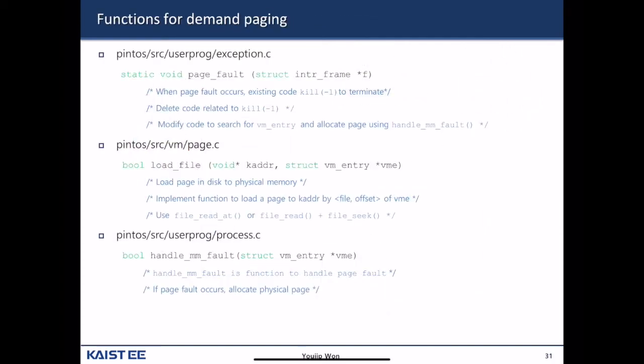So these are the functions you need to modify in this project. There is the page fault function, and there is load file, and then there's handle fault. Some of them you have to write from scratch, while for page fault you have to modify it. And load file, you may want to write from the beginning. In this part also you may want to write it from the beginning.